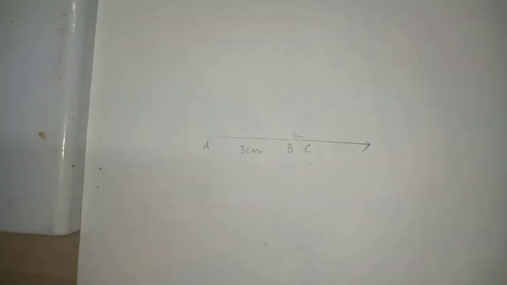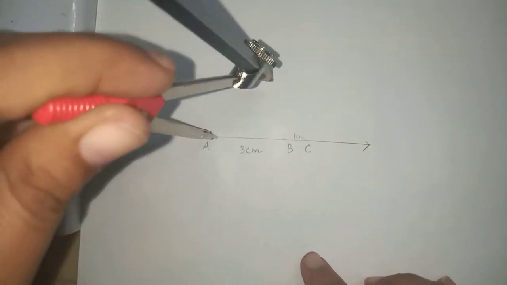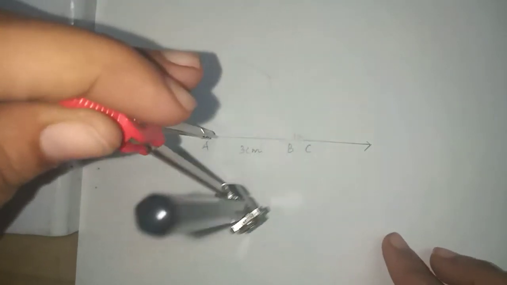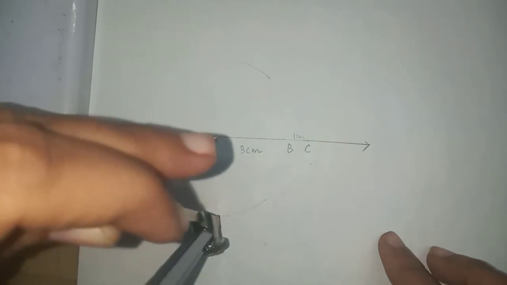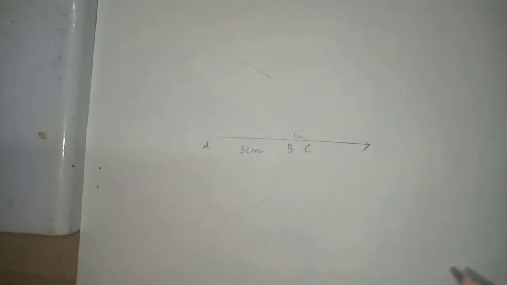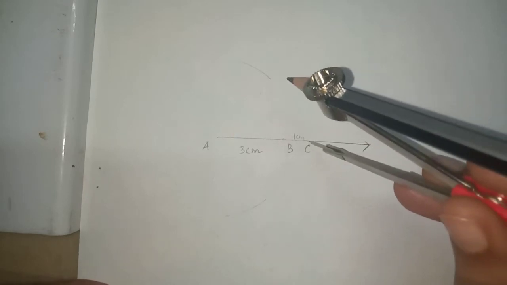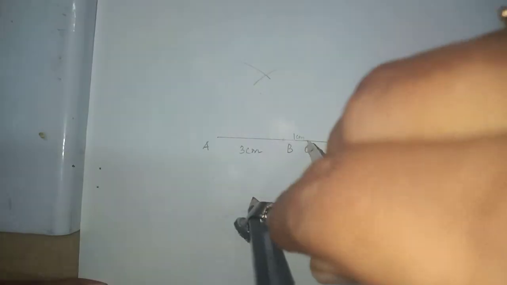Now you have to draw a perpendicular bisector from A. From the point A, you draw one arc. Similarly, you draw an arc for the lower side. Then from the point C, again you draw an arc for both sides.